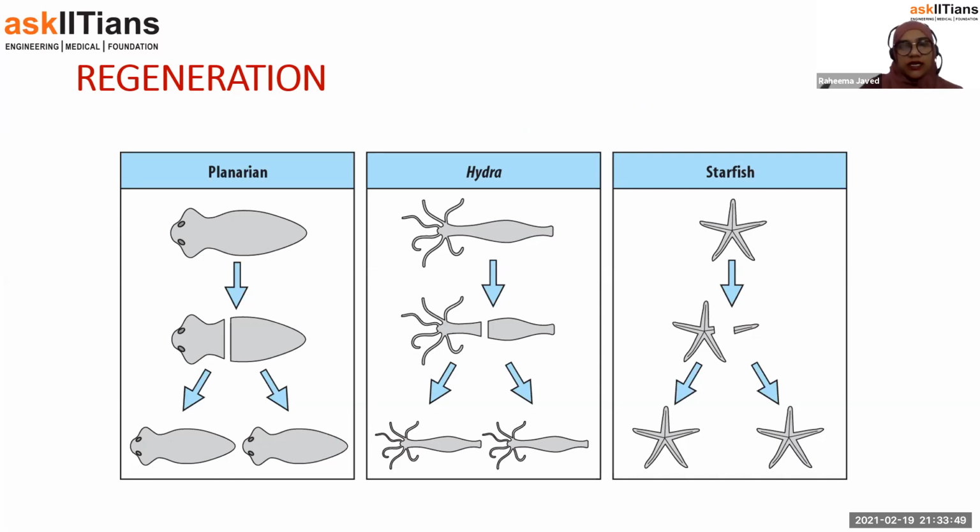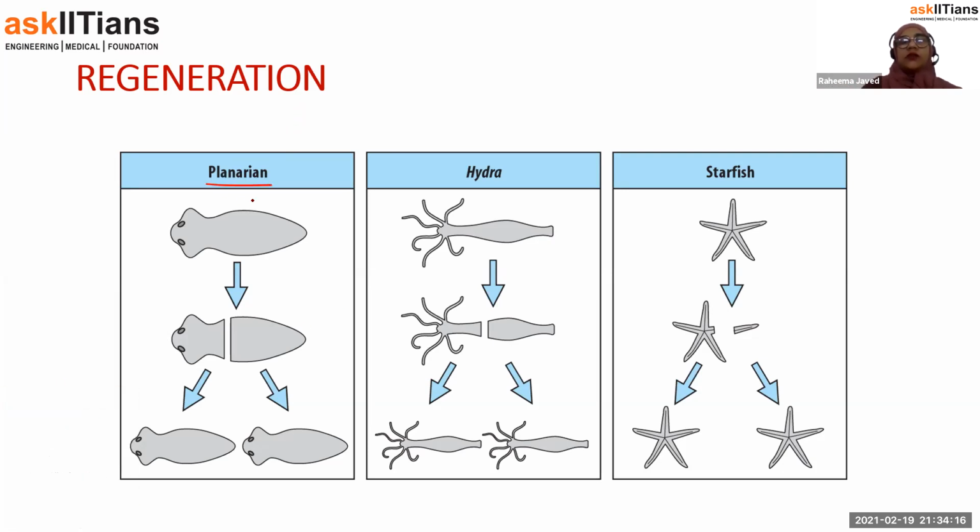Their body gets divided into two parts, and then will the animal die? No, the animal will not die. Each part of the body is capable of dividing into an adult, and this process is known as regeneration.